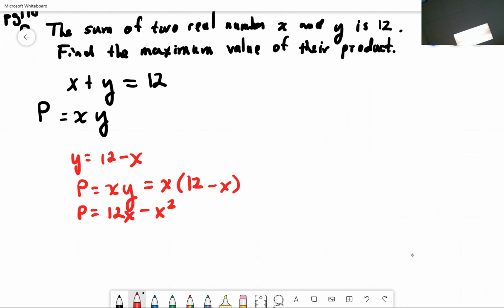If you plotted that parabola, it gives you the products of each of those numbers when you multiply them together. You pick an x, you do 12 minus x, that gives you a y, and y times x gives you the product. That gives it to you automatically. And so now I'm going to do the derivative of P with respect to x, which is going to be 12 minus 2x.